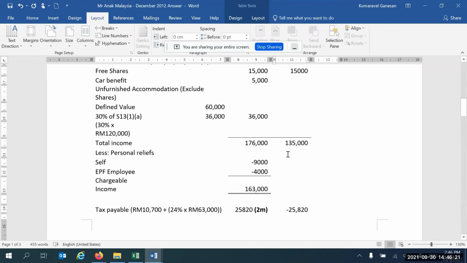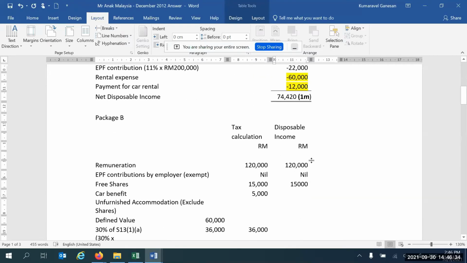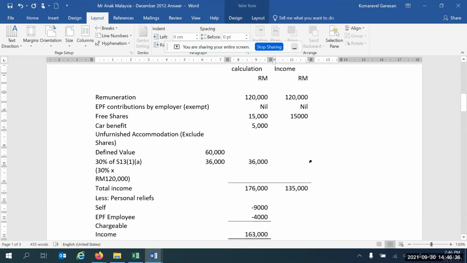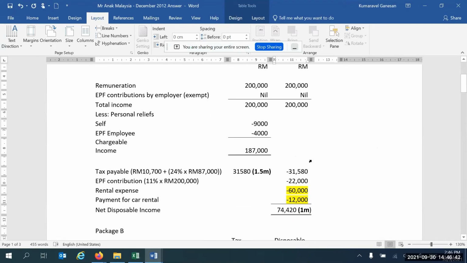So you notice that in general, but sometimes students memorize, so it's not always. Generally, the tax plus benefit package will give you a lower tax, but not always. You must count. It will give you a lower tax and a higher disposable income, 95 compared to 74. So that's the difference, right?